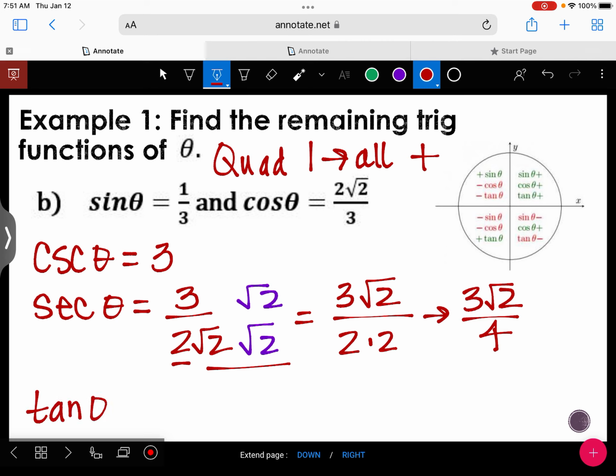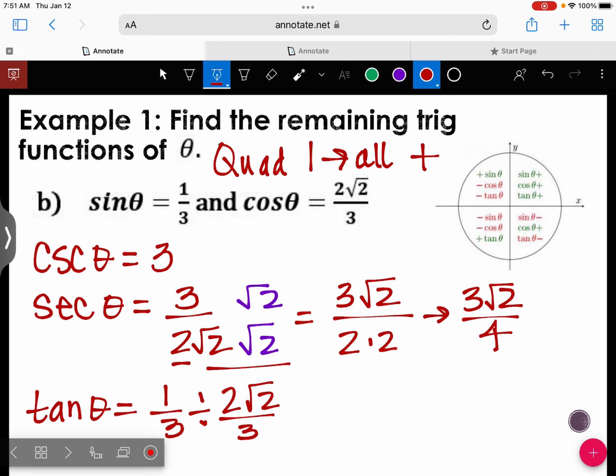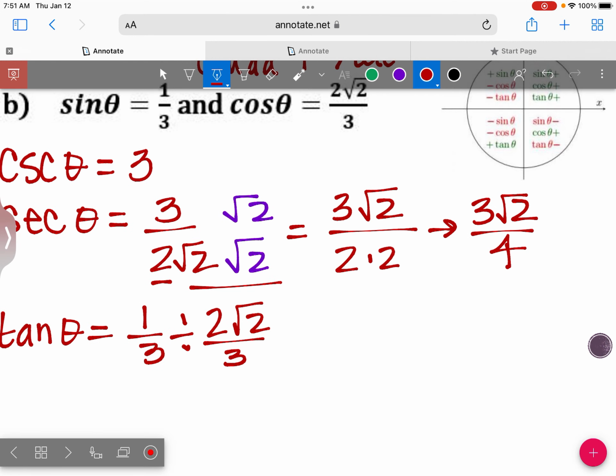Tangent is sine over cosine. So that would be 1/3 divided by 2 root 2 over 3, which we have to do our keep, change, flip. So that becomes 3 over 2 root 2. So we got some stuff we can cancel. We can cancel out the 3.